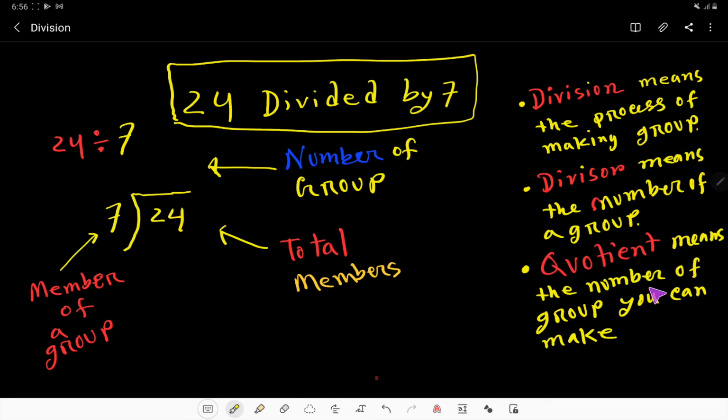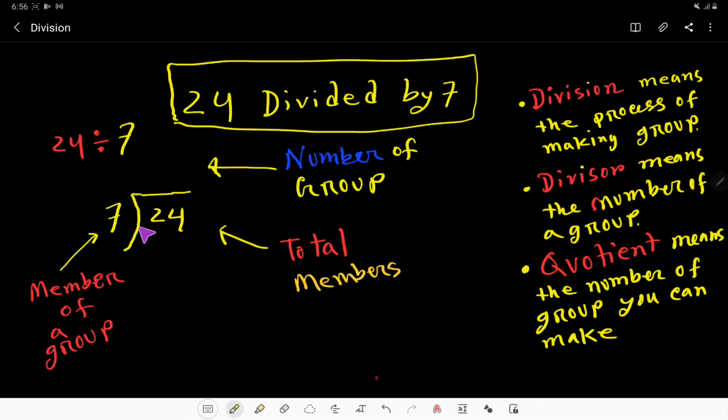Quotient means the number of groups you can make. So here we have to find how many groups we can make from these 24 members, where each group will have 7 members.